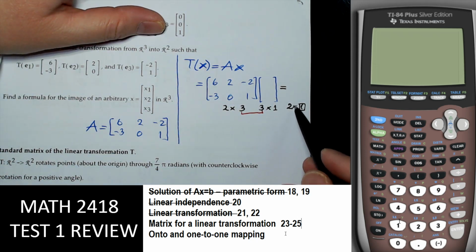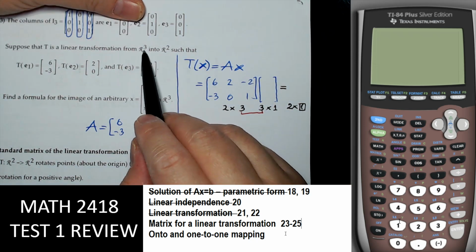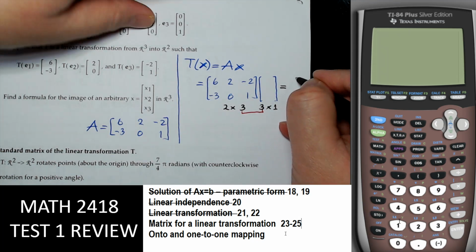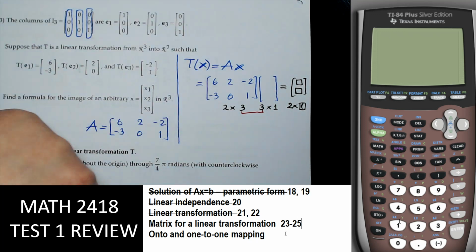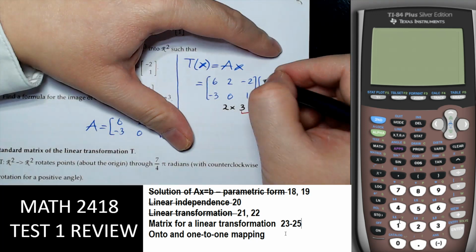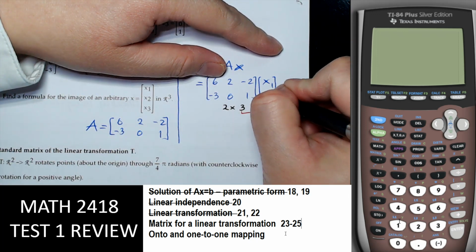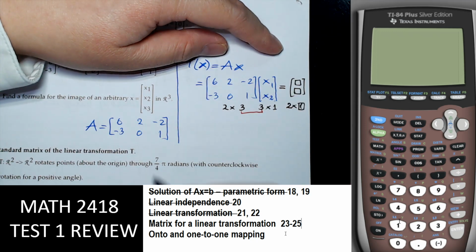The reason this is 2 by 1 is because it is R3 to R2. So we know that it has to be 2 and 3 here. Anyway, so that will be x1, x2, and x3.